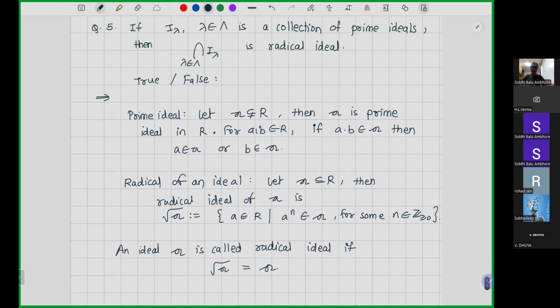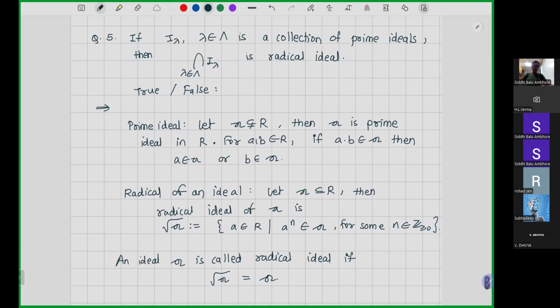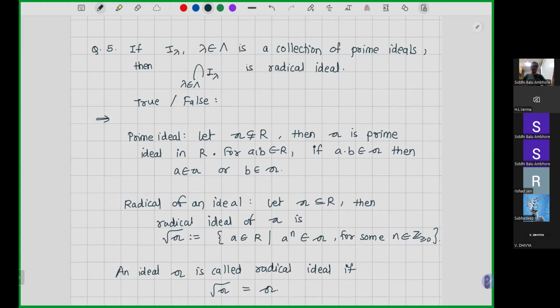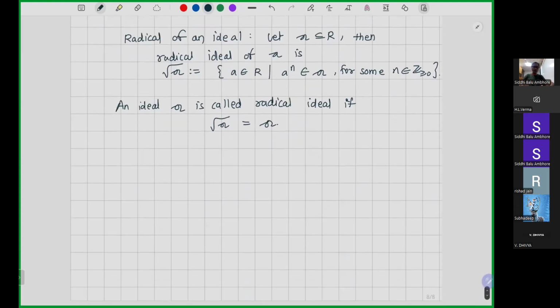Is it okay now, the definitions? Okay, so apparently this question says that if I_lambda is a collection of prime ideals, then its intersection is a radical ideal, and this Lambda could be any index set. It could be finite or infinite. So we will try to prove this.